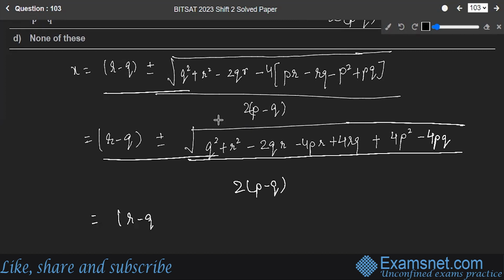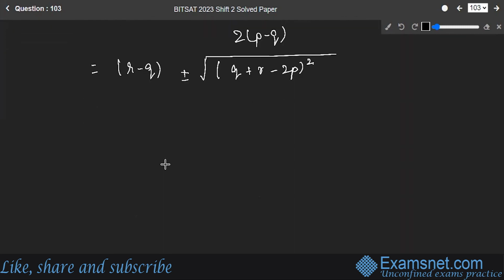Simplifying, this will be the root of (q plus r minus 2p) whole square, divided by 2(p minus q).